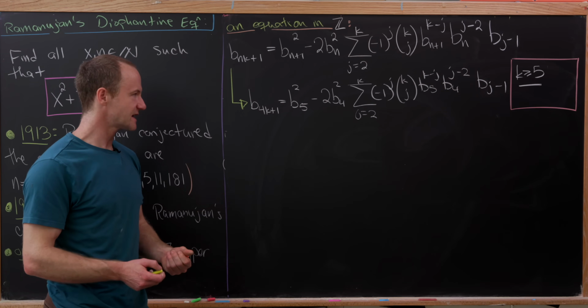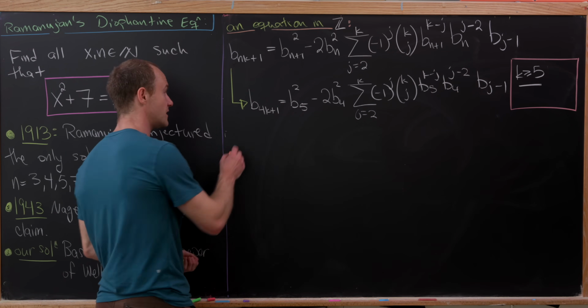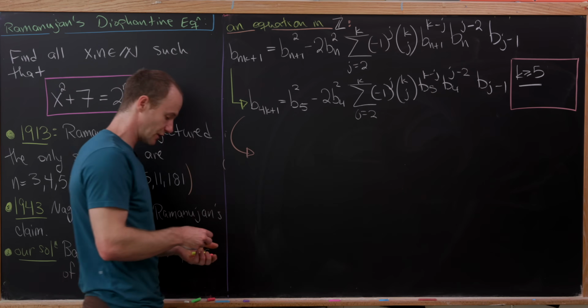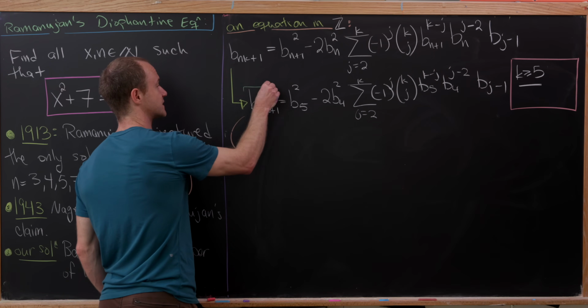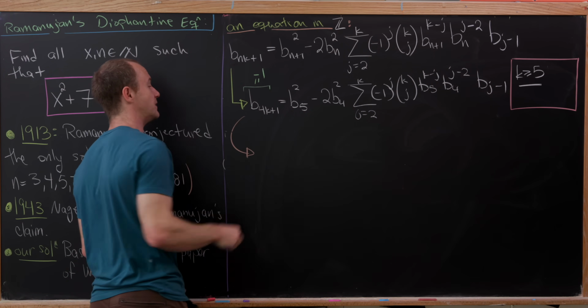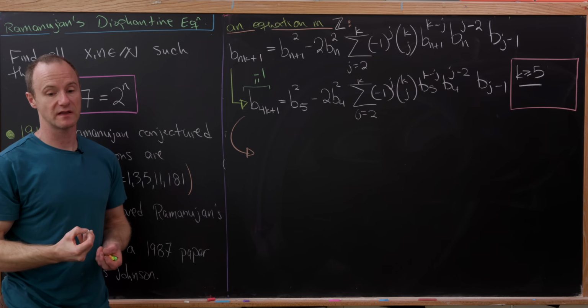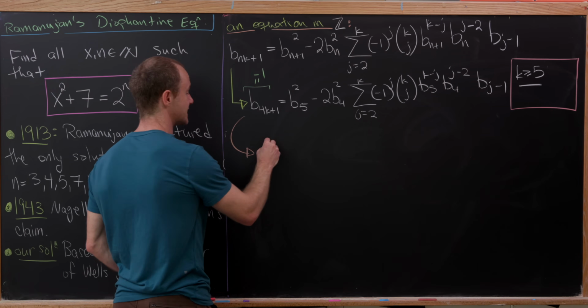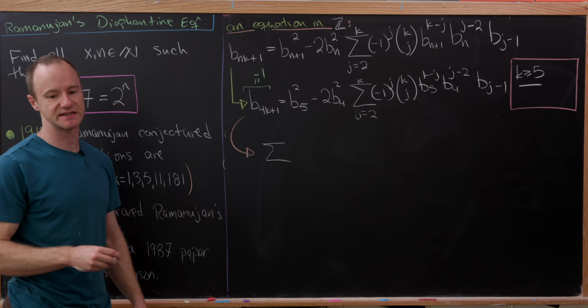But now for our next step, since we know what b5 and b4 are, we can put those inside of this equation. And that, along with the fact that we're going for a solution, so we know that this b sub 4k minus 1 is equal to -1, will allow us to rewrite this whole thing in the following way. So it turns into the following nice equation.